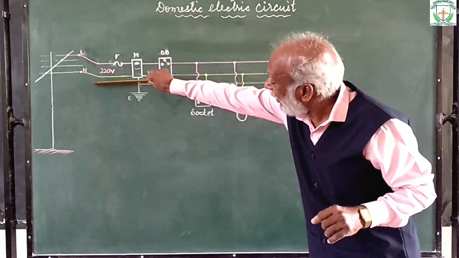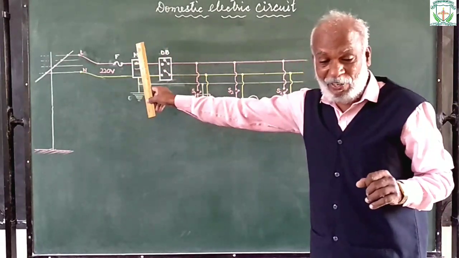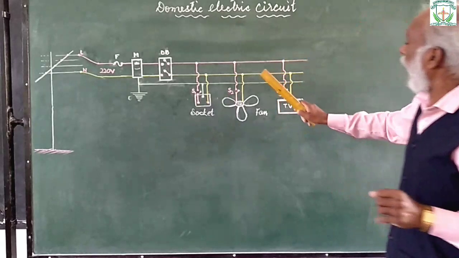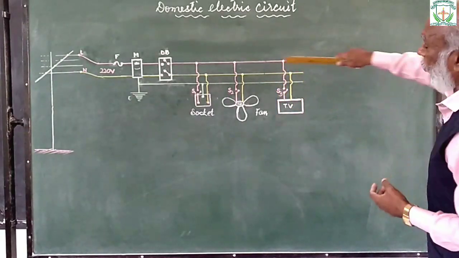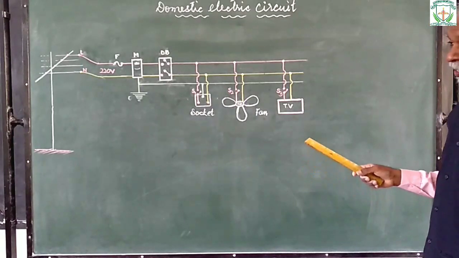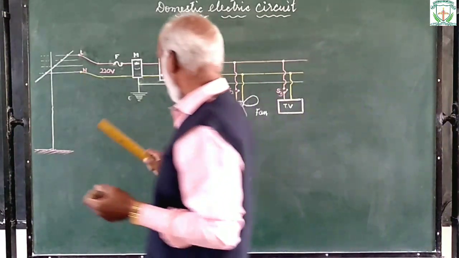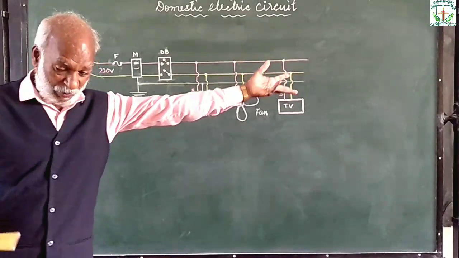This is a simple schematic wiring or electric circuit. You can keep on adding various other things like lamps, tube lights, bulbs, okay, whatever gadgets you want you can add.